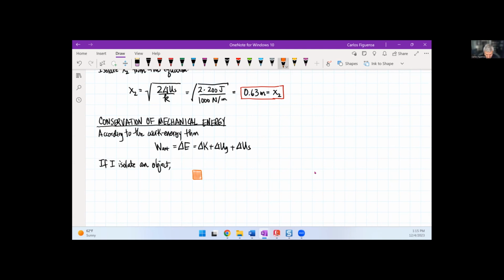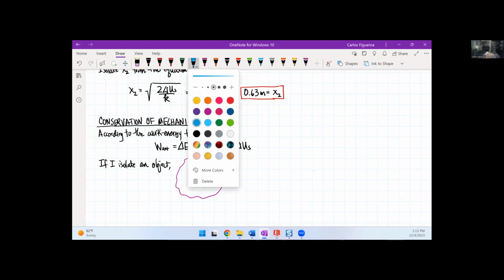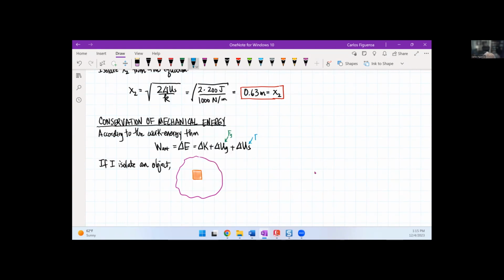So that is my object. So I isolate it. Now, the one thing you have to pay attention to is what this tells me about. This guy tells me about the force of gravity. This guy right here tells me about the spring force.